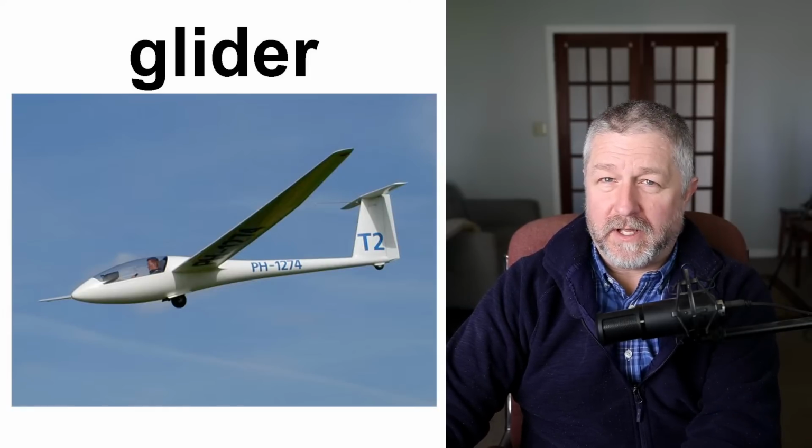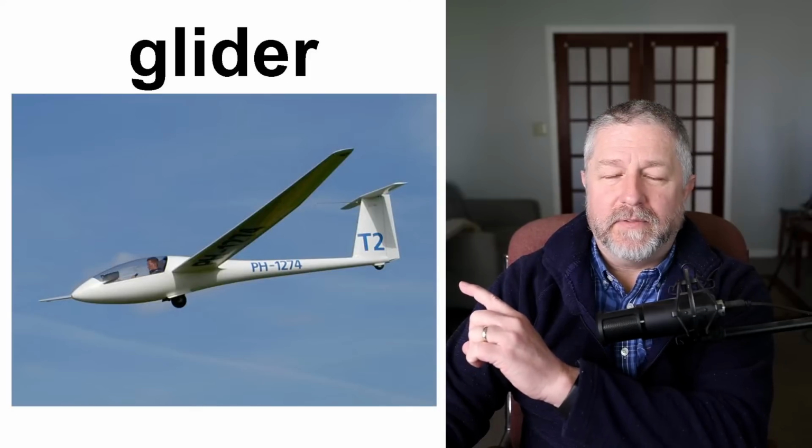So not only is glider the name of this machine, it is also the verb we use. So a glider will glide. It's supposed to be very peaceful. There's no engine noise, and you just kind of use the winds to glide and slowly go down, and up a little bit too, if you can catch the wind properly.